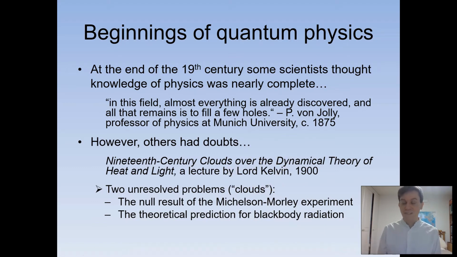And this lecture by Lord Kelvin was very prophetic, looking back on it, because both of these experimental results turned out to require completely new theories of physics to explain them.